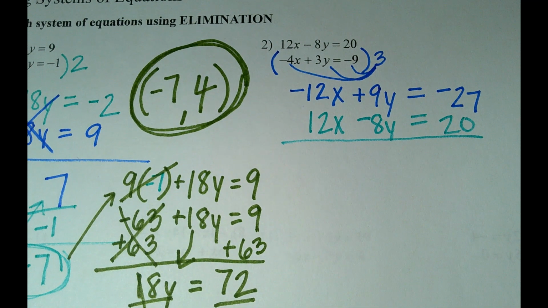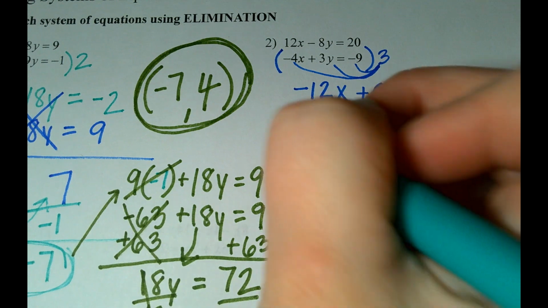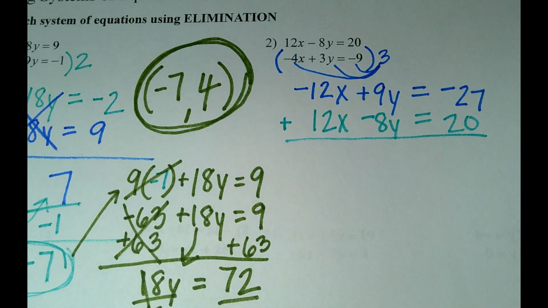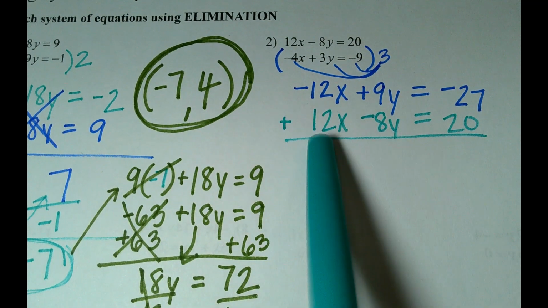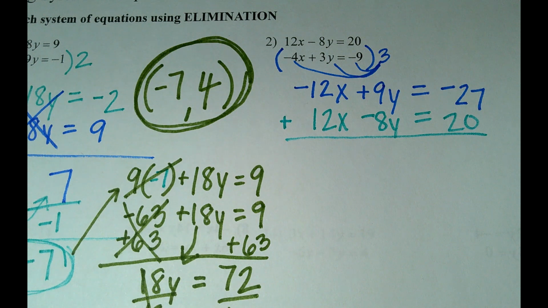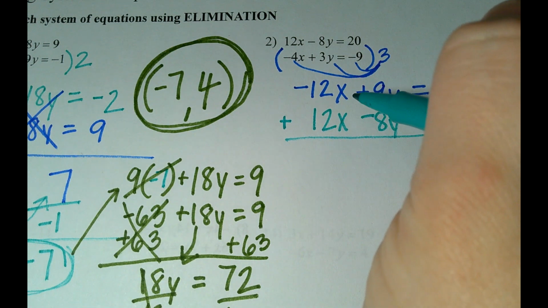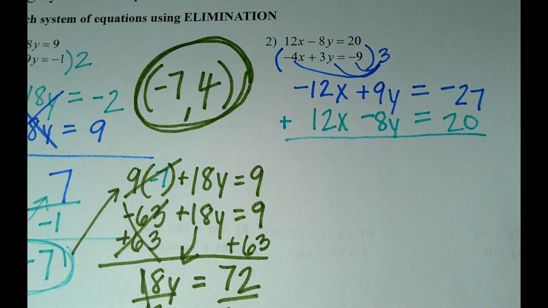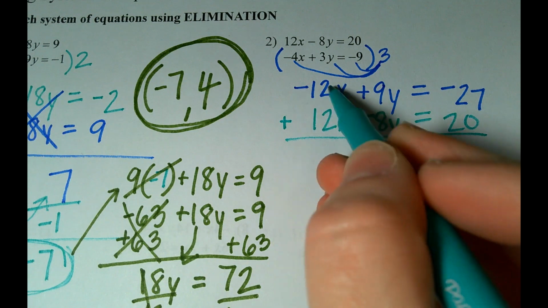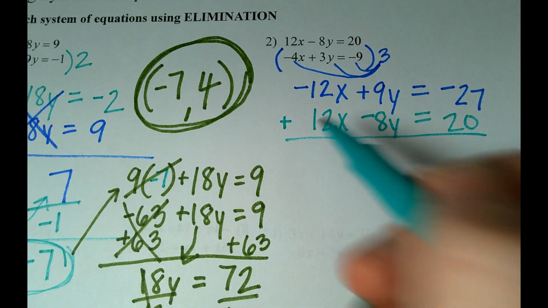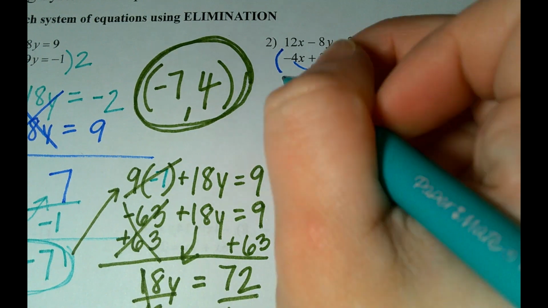Okay, so I've gotten it all written out here. What's going to cancel when I add these together? My x's. Negative 12 plus 12 is 0, so they cancel.